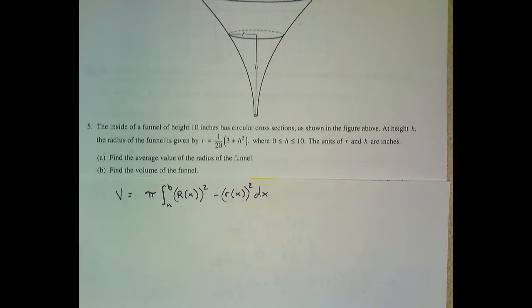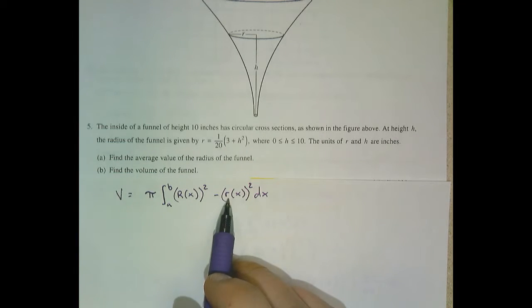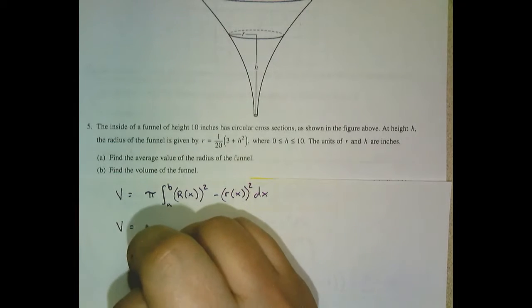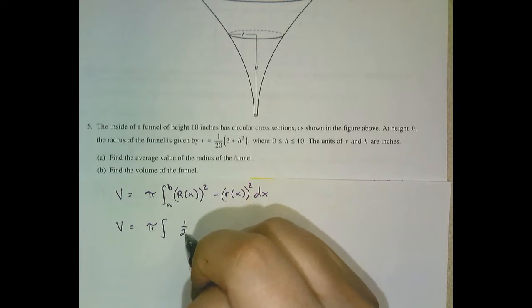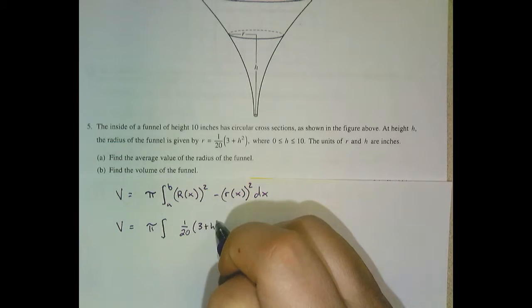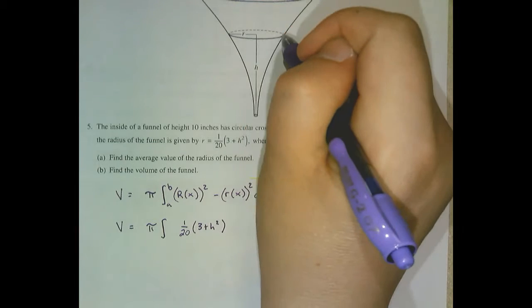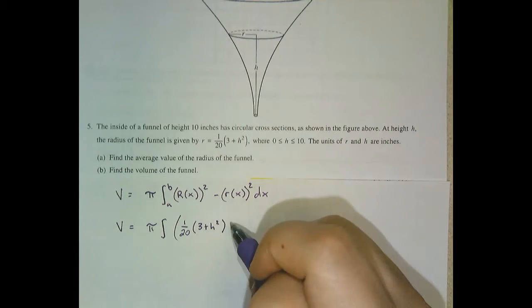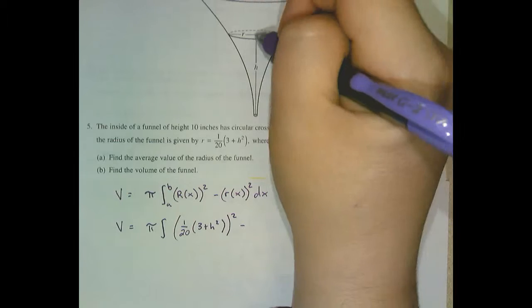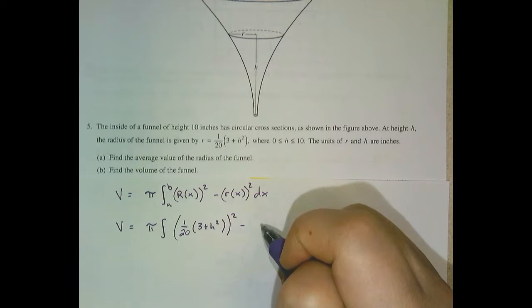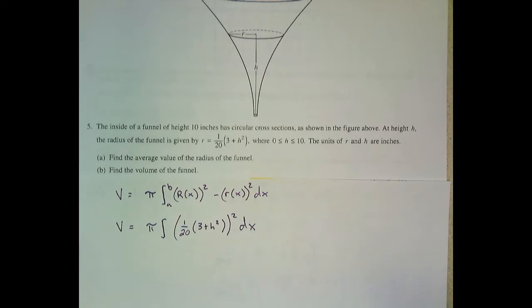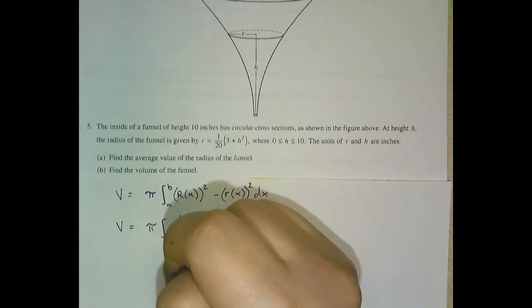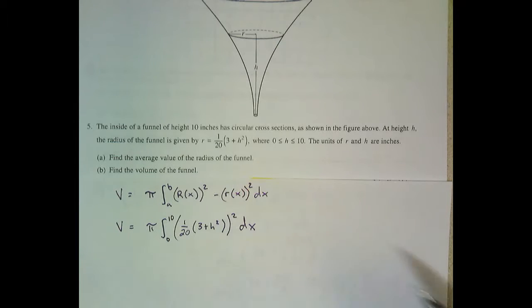So with just the one radius, we don't have to worry about an inner radius. So our radius is 1/20 times 3 plus h squared. That's what our outer radius is. Our inner radius doesn't exist. If you wanted a placeholder, you could put a 0 in there, but since it doesn't exist, I'm not going to put in the placeholder. And this radius stacks from 0 to 10.